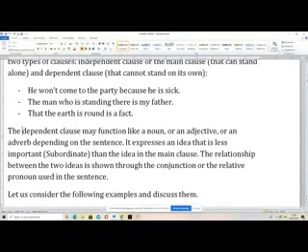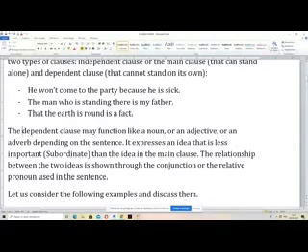As we have seen in the examples before, the clauses may be related by a conjunction, and this conjunction may be a subordinating conjunction, or we may have certain relative pronouns which relate. Why do we call it a relative pronoun?